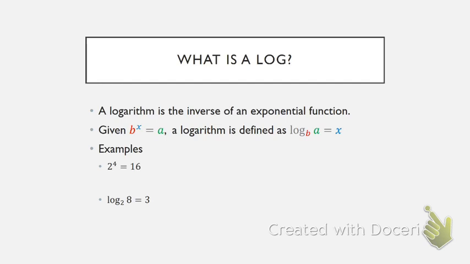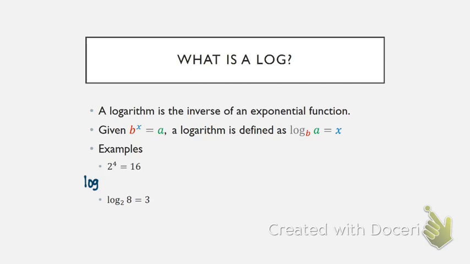So the way this is going to work is, in order to write it in logarithmic form, we need to log base both sides. And the base of the logarithm should match the base of the exponent.